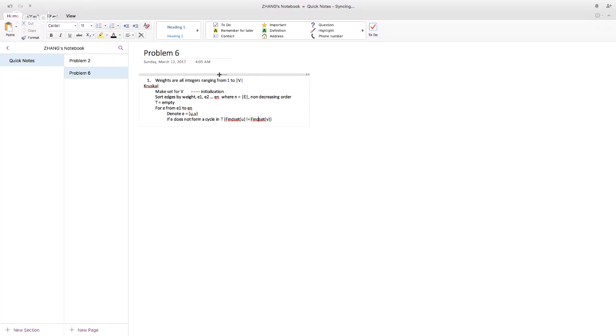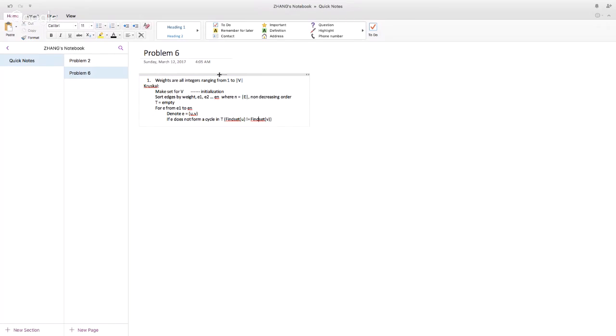Find set U will return the representative of the connected component where U belongs to. And find set V will return the representative of the connected component to which V belongs.